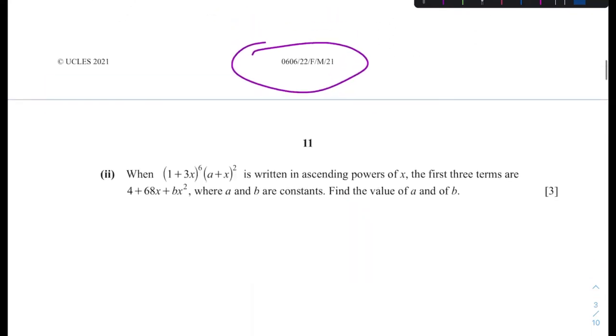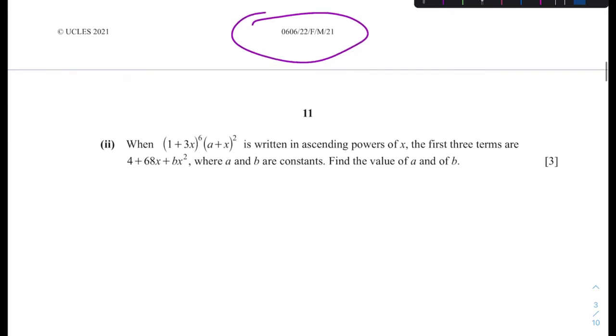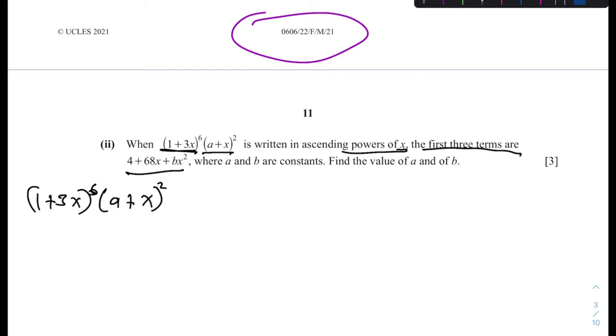And then this is the most interesting part of the question. They're saying that when that is written in ascending powers of x, the first 3 terms are there. So you should find a and b, no problem. So just write (1 plus 3x) to the power 6, times (a plus x) squared.